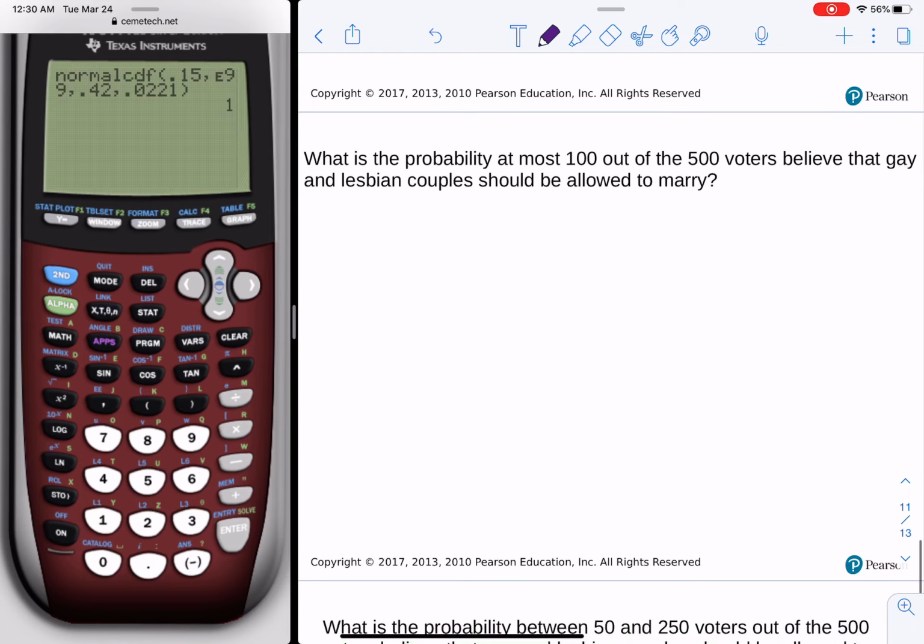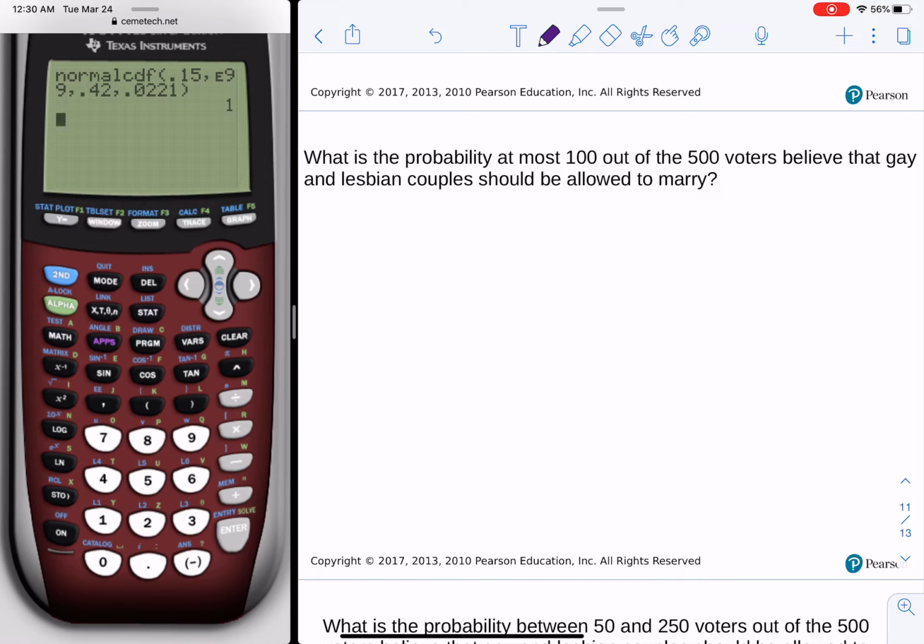So now we want to find the probability that at most 100 out of 500 voters believe that gay and lesbian couples should be allowed to marry. In other words, the probability that the proportion is less than or equal to 100 over 500, which is the probability that p is less than or equal to 0.2, which is the same as the probability p is less than 0.2.